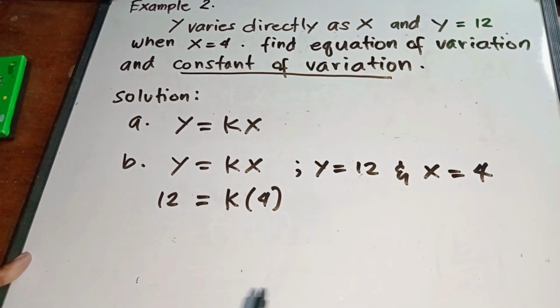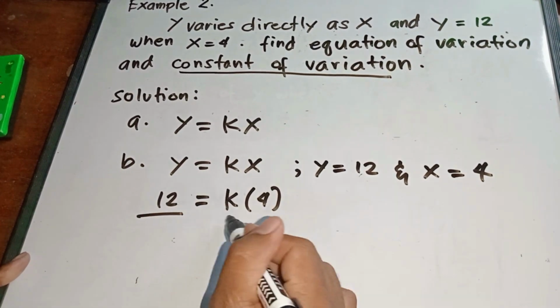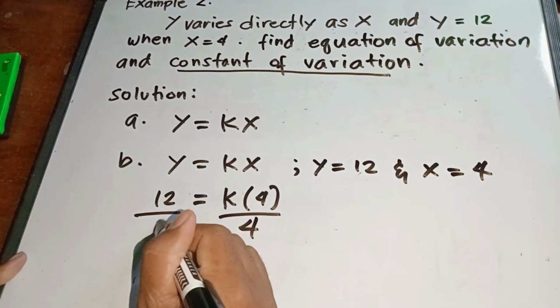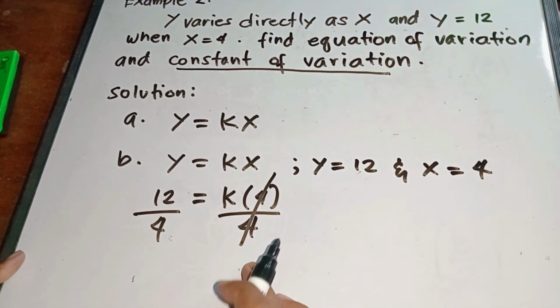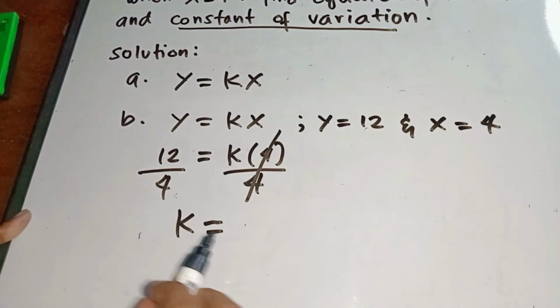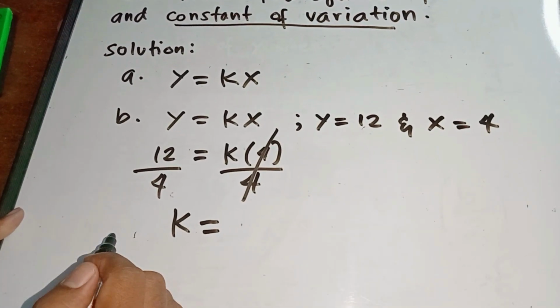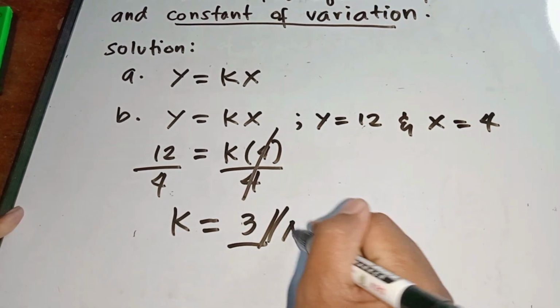So, ang kasama niya ay si 4. So, i-divide natin both sides of the equation by 4. So, para mag-cancel, 4 divided by 4 equals 1 times K. So, we have K equals 12 divided by 4, so K equals 3. So, that is the final answer.